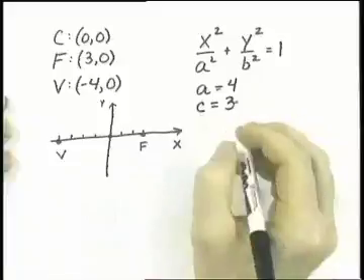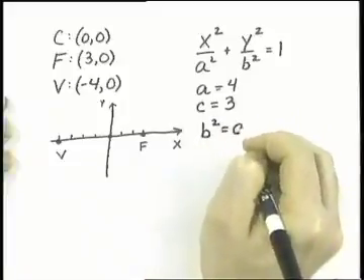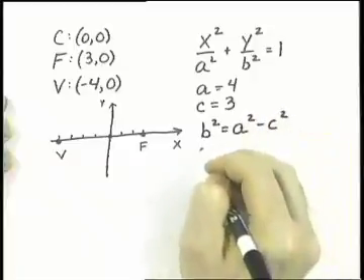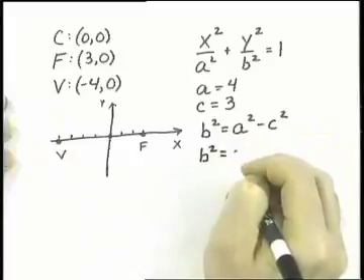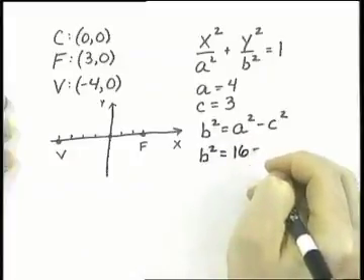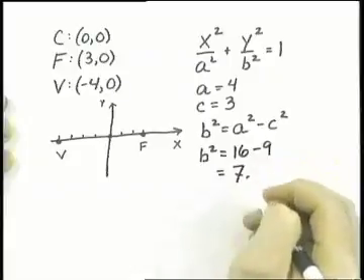I can find the value of B by recognizing that B squared is equal to A squared minus C squared. Therefore, B squared is equal to 4 squared, or 16, minus 3 squared, or 9. 16 minus 9 is equal to 7.